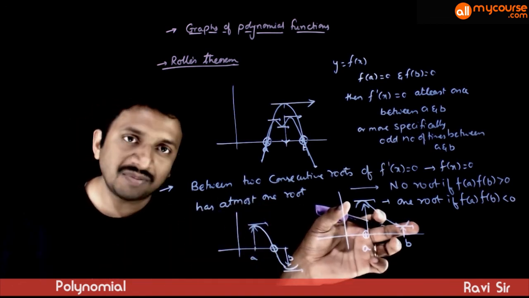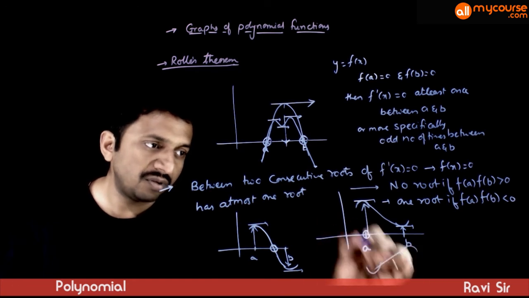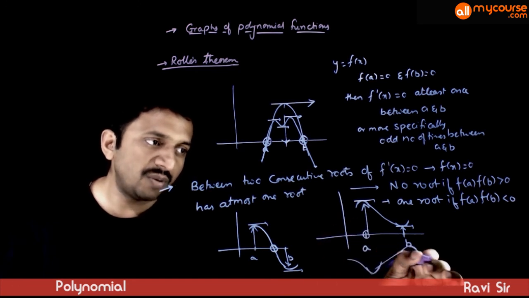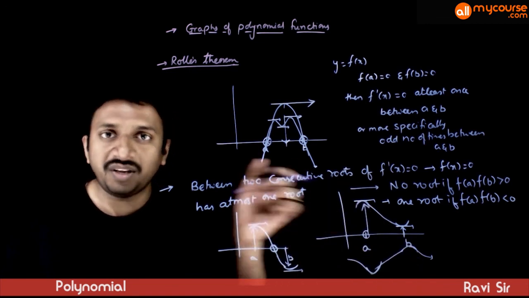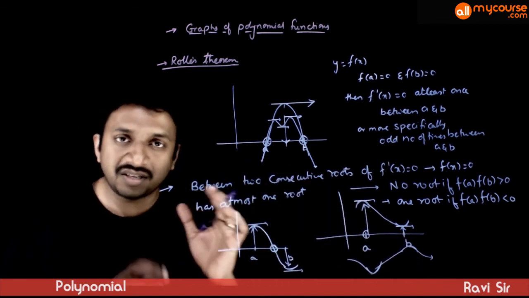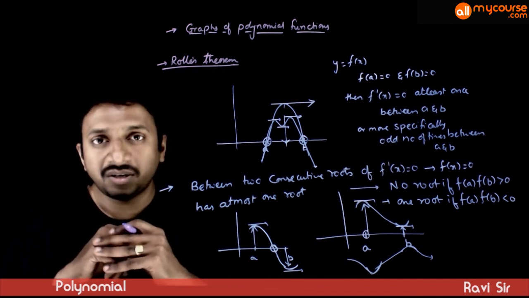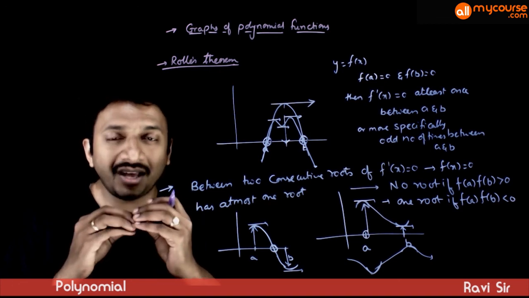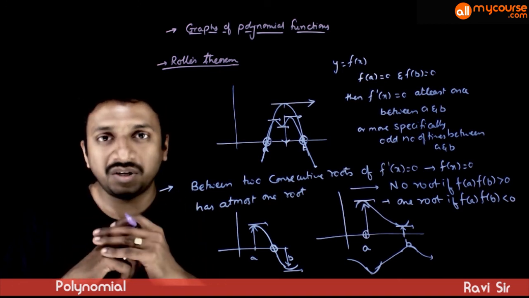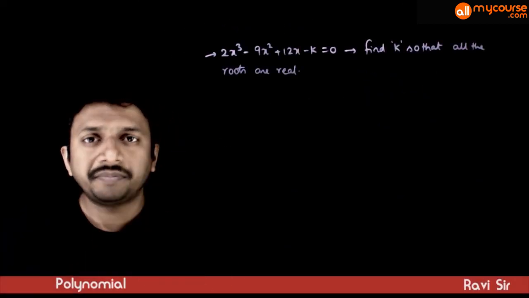If both are of the same sign, both positive or both negative, then also you won't have any root between a and b. So this is a very powerful theorem which can be used to see how many real roots a cubic equation has. So let us consider this example.